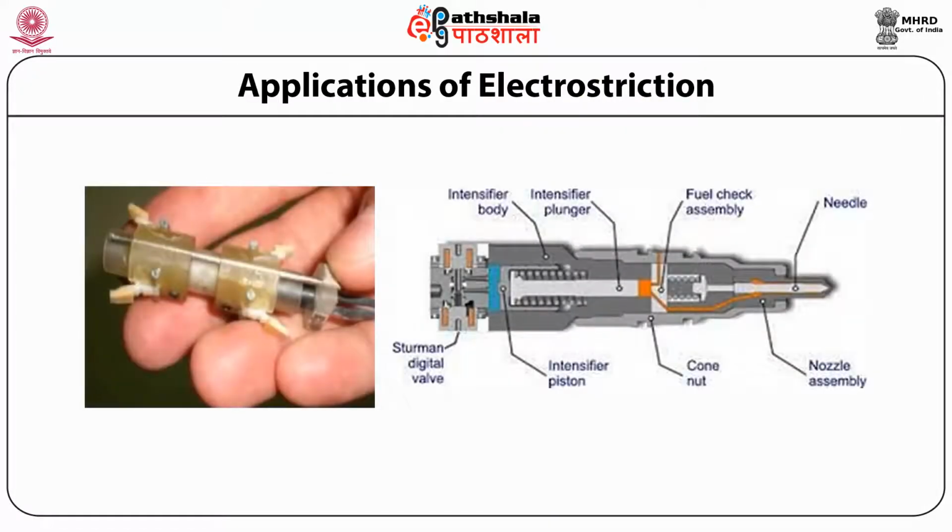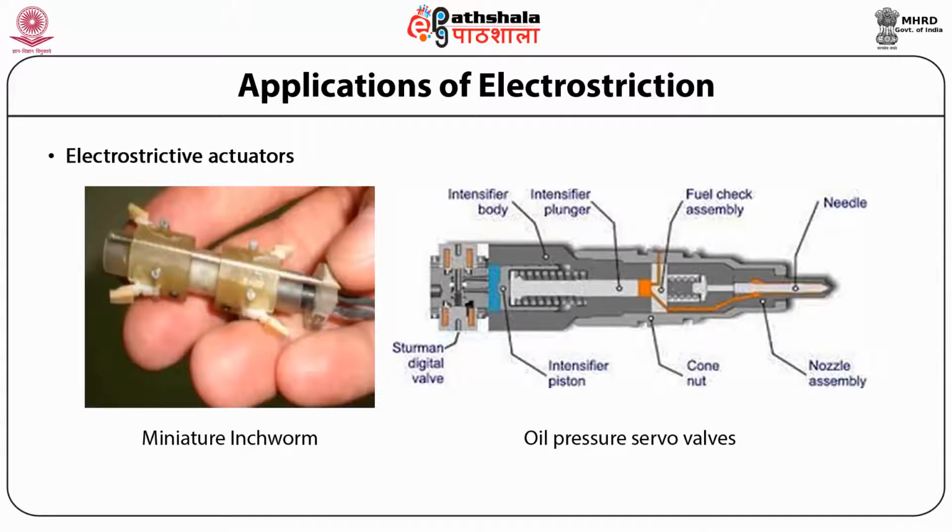Now let us discuss the applications of electrostriction. First, the application which we are going to study is the electrostrictive actuators, and see this figure which shows the miniaturized inchworm and the oil pressure servo valves where the electrostrictive actuators are being used.